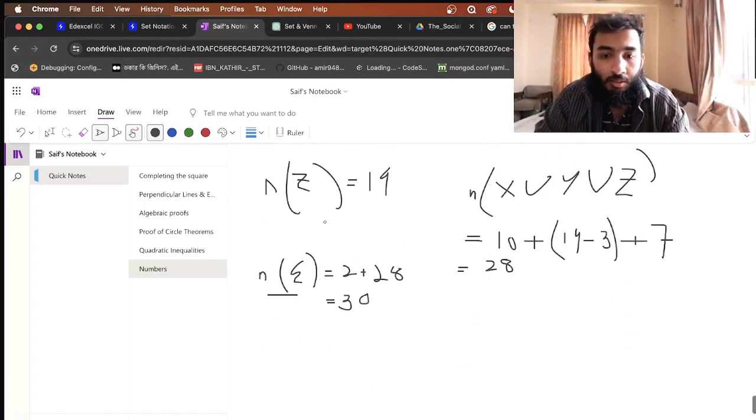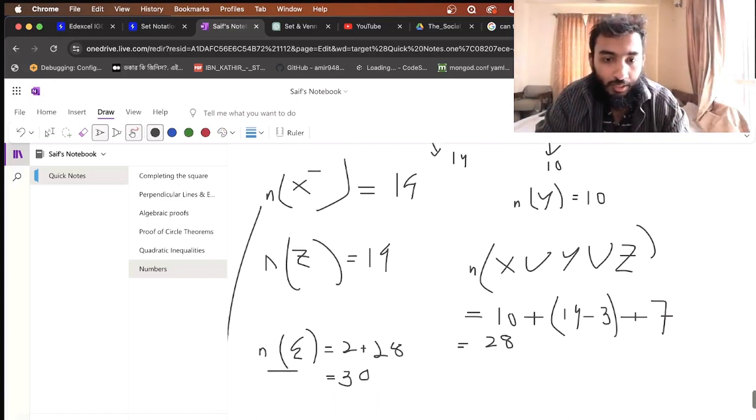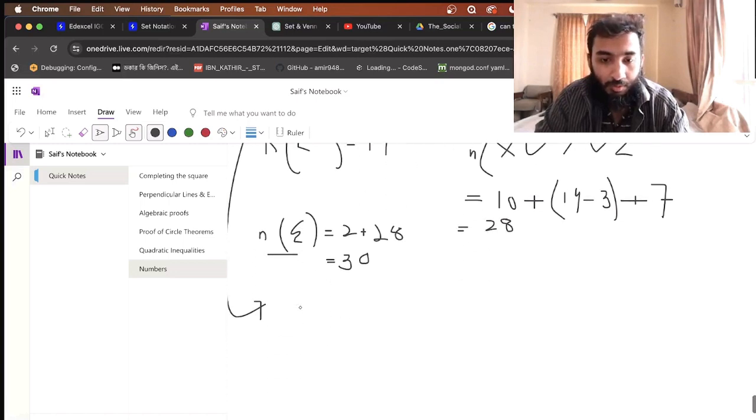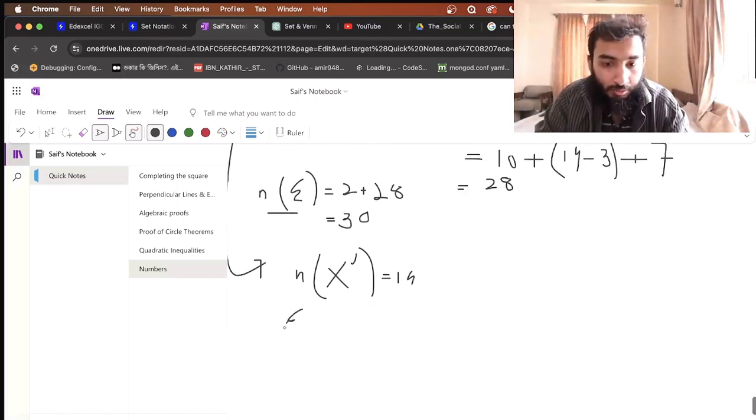So if I dissect this expression, the number of x prime is given as 14. What is the number of x prime? The total number of elements of the universal set minus the number of elements of x.